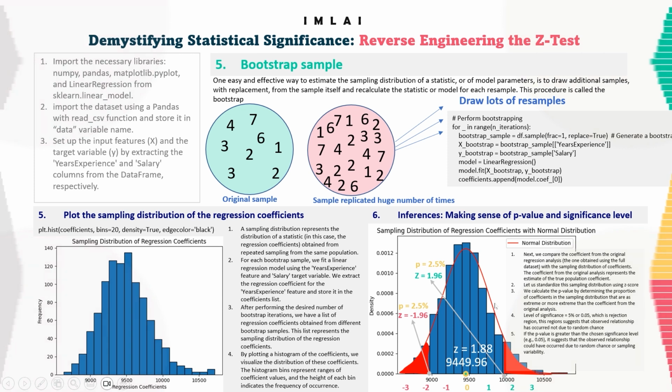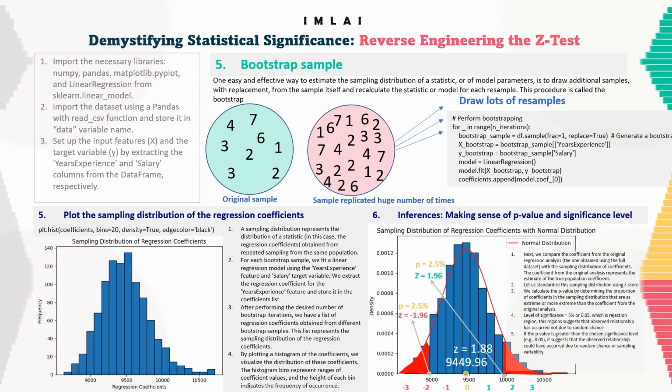So what we are trying to tell here is, the regression coefficients exactly at the center, from 9,000 to 10,000, have a higher probability. They may be there because of random chance, or maybe because of variability of the data.